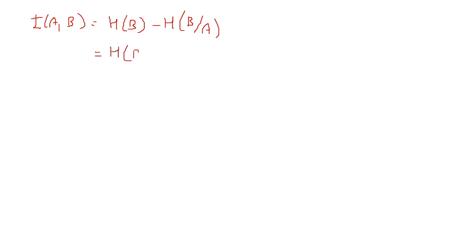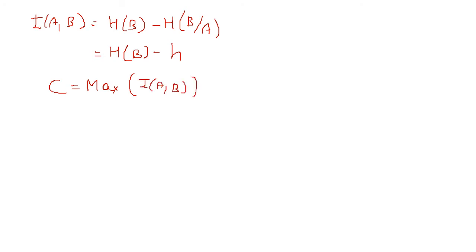Now mutual information I(A,B) is H(B) minus H(B/A), and H(B/A) is a constant value, so you can write this simply as H(B) minus H, where H is a constant value. Now capacity of a channel C is defined as C is equal to max of I(A,B).